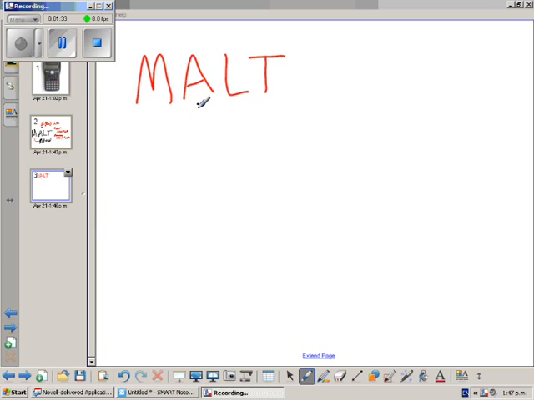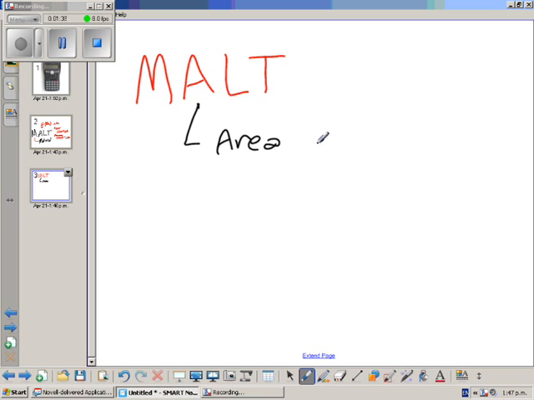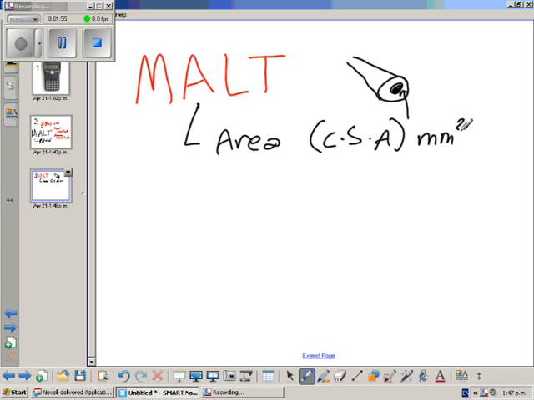We'll look at the next letter now, the A. The A is for the area of the conductor, and they're talking about the CSA, which is the cross-sectional area. So when we look at the end of a wire, here's our wire here, we're really interested in that area of the conductor there, and that will be given to us as millimeters squared when we buy the cable, but unfortunately meters squared is what we need to know, and we'll look at doing some conversions later for that.